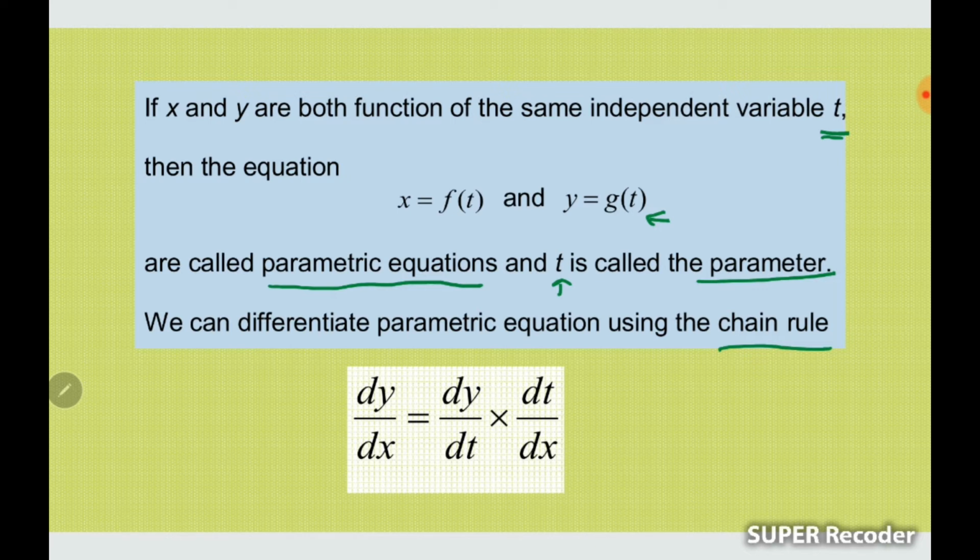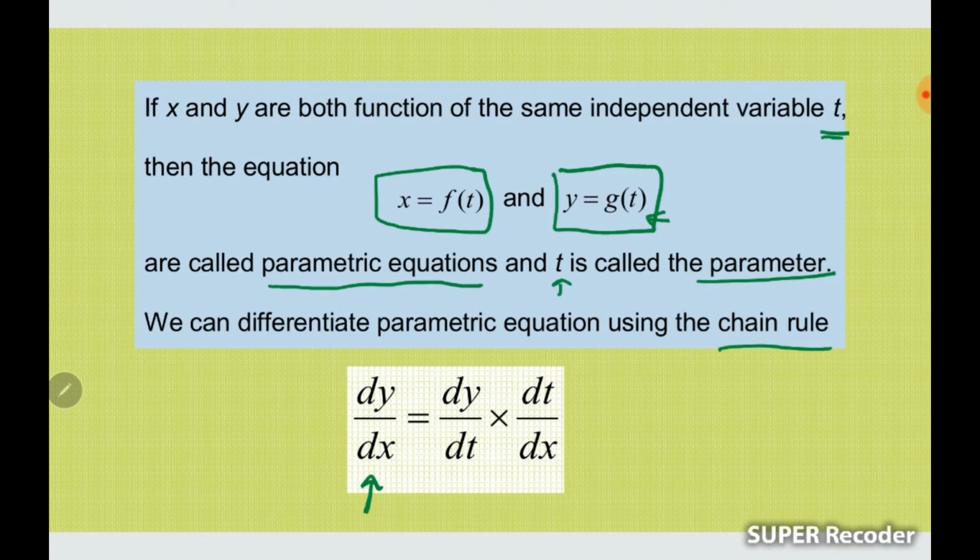So please take note that you are given a function in terms of variable t. x is a function given in terms of t. y is also a function given in terms of t. We need to find dy/dx. To get dy/dx, you need to use the chain rule.